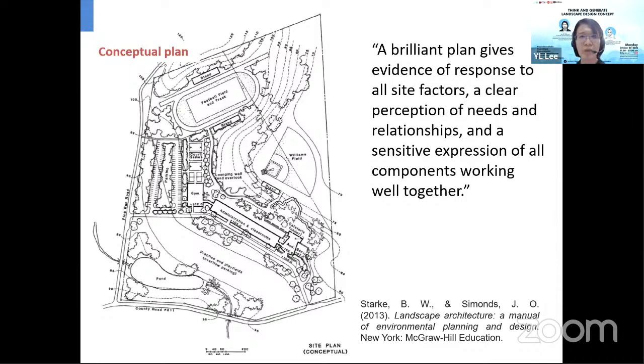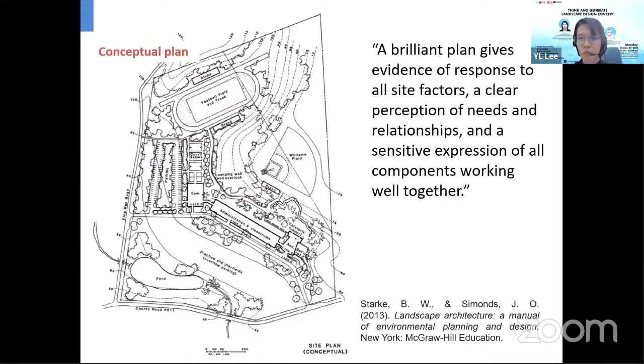Just now I mentioned that they have 10 lists, the criteria you look at in the landscape architecture design process, or in architecture as well. When you have the list, you know what things you need to put on the plan, correct?